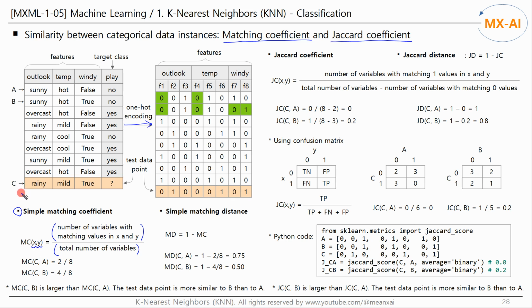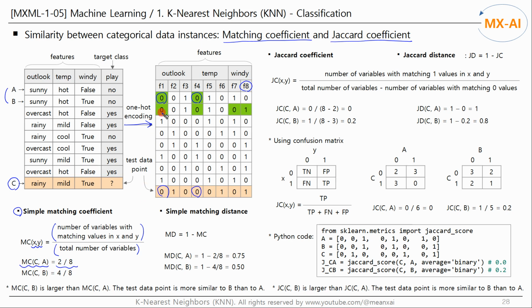Let's compute the matching coefficient between the test data point C at the bottom and the data points A and B at the top. The number of matching variables between C and A is 2. And the total number of variables is 8. Therefore, the matching coefficient between C and A is 2/8.